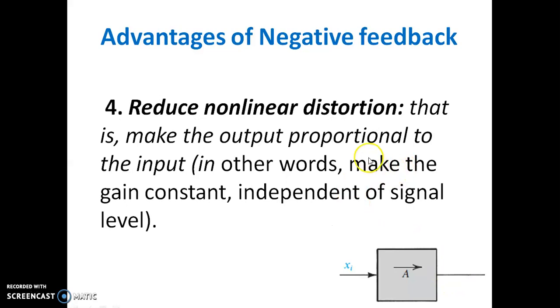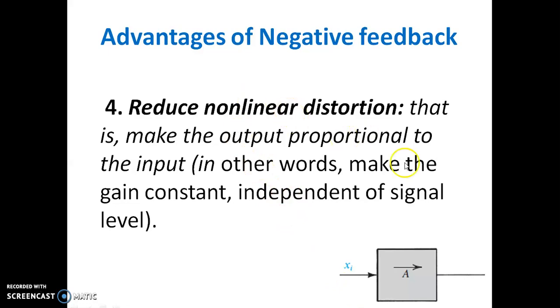Next, one more important parameter is reducing the nonlinear distortion. What is nonlinear distortion? We know that all these amplifiers use a nonlinear device, it can be a BJT or a MOSFET. Both are nonlinear devices, meaning as the input voltage changes, the gain of the amplifier will also keep changing.